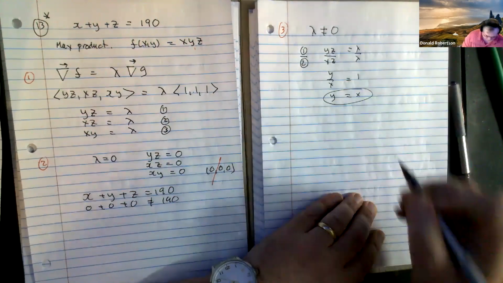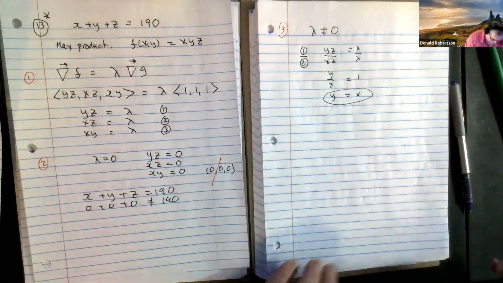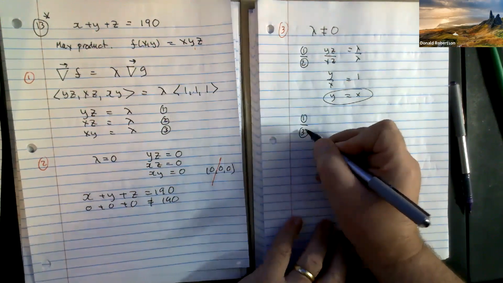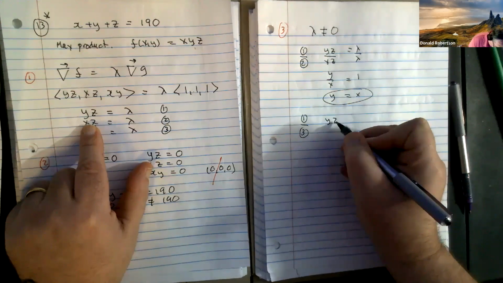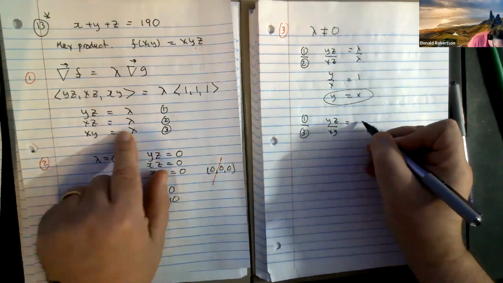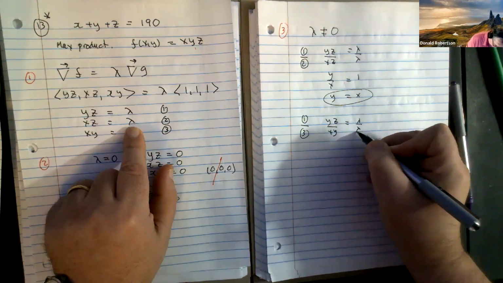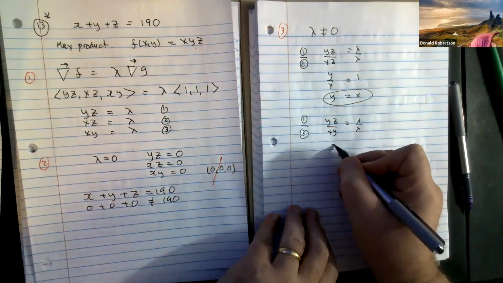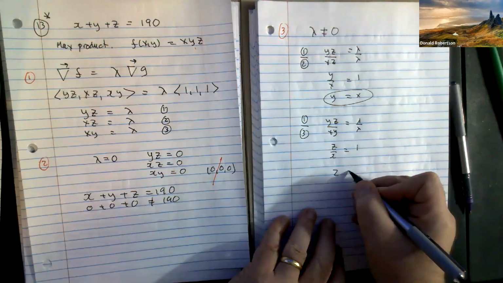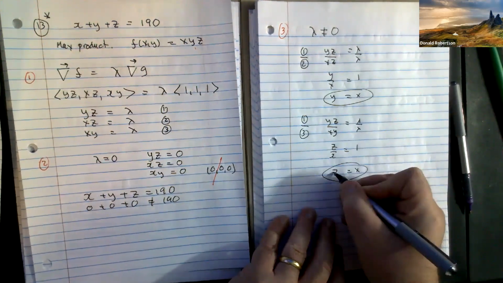Oh, that's cool. And now I'm going to take 1 and divide it by 3. And that's going to be yz over xy. And it's going to be lambda over lambda. And z over x is going to equal 1. And that makes z equals x.